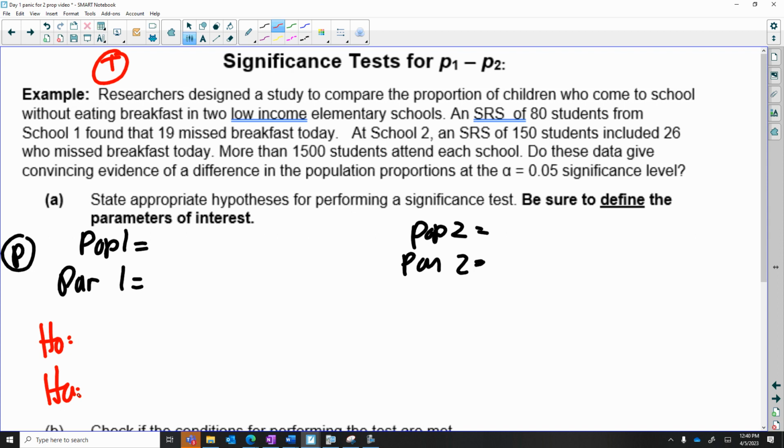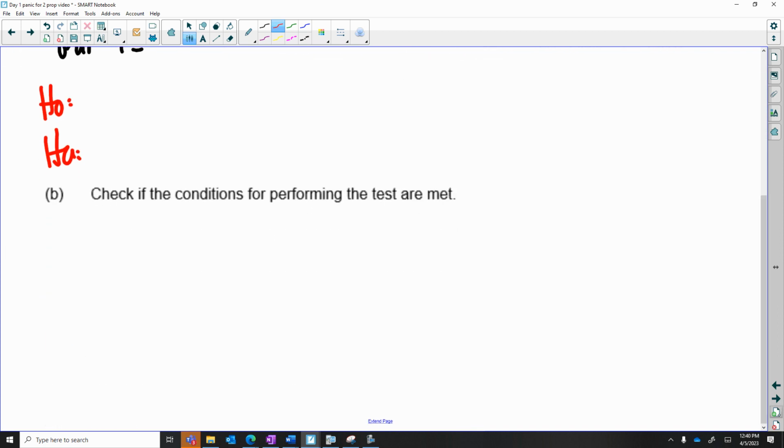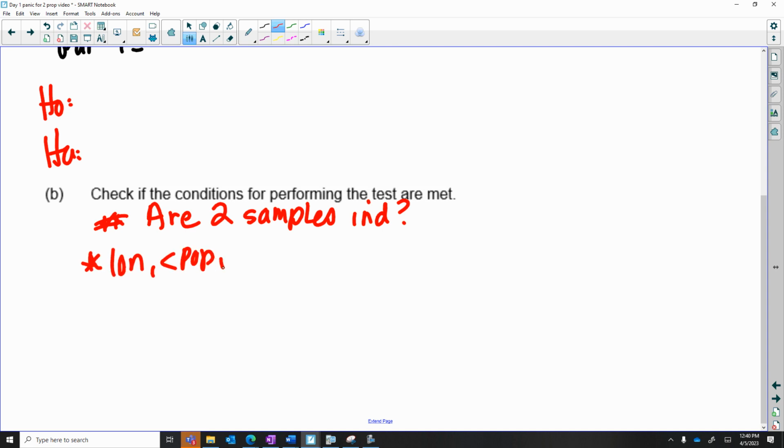When you check your conditions or assumptions, you're going to do everything twice. It is annoying, and you have to add another condition: are the two samples independent of each other? Then you're going to do 10n1 less than POP1, 10n2 less than POP2. Are they independent SRSs?